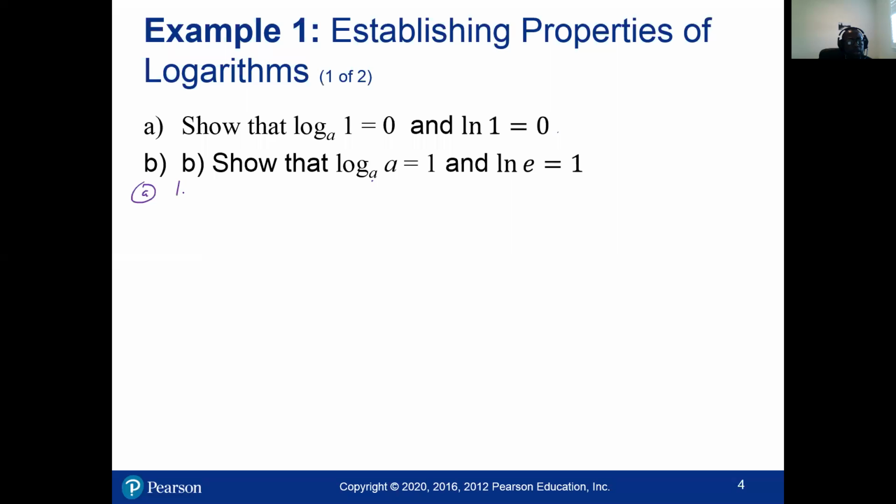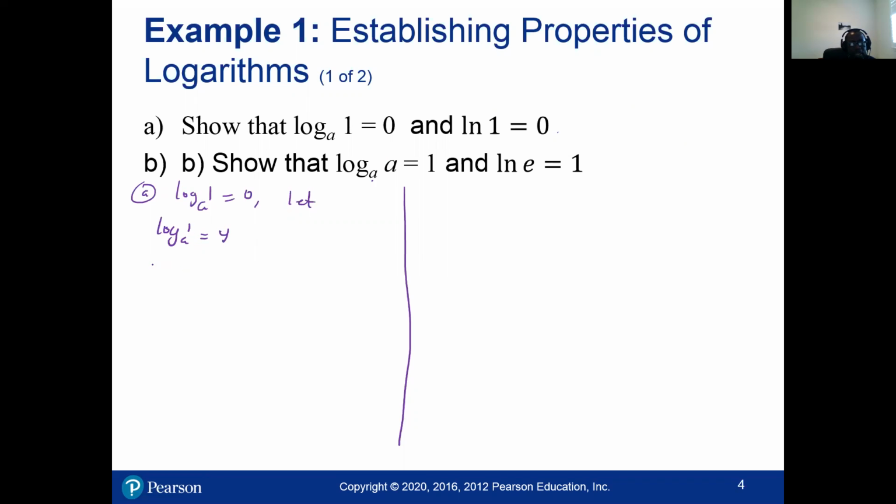All right, we have the log of 1 base a, and we want to show that it is equal to 0. So first we let the log of 1 base a equal a certain value, let's say y. Now by the definition, what must we raise the base a to, to get this 1?